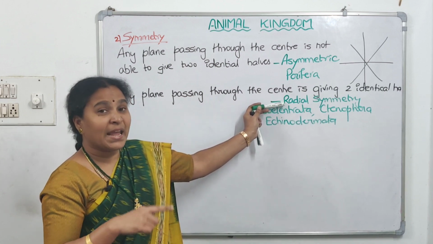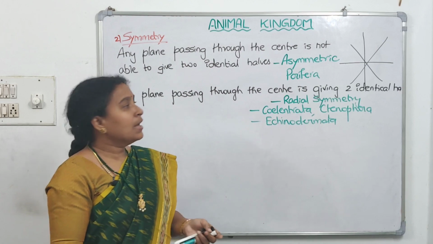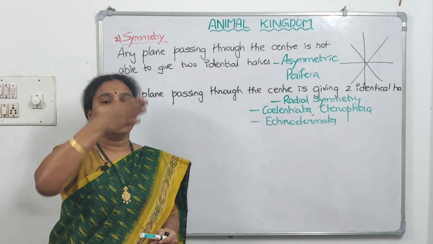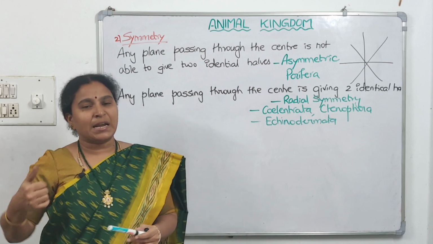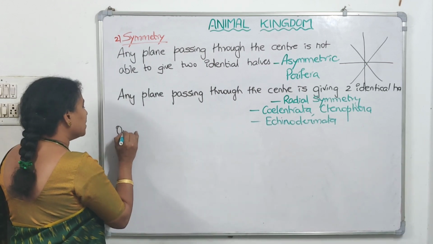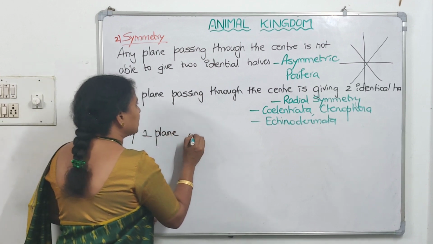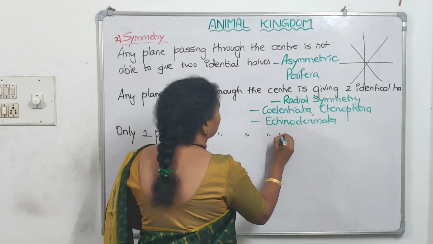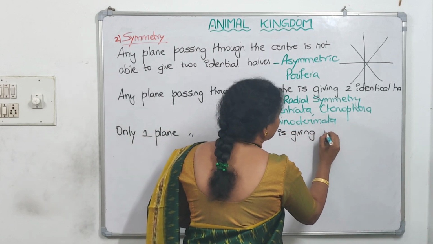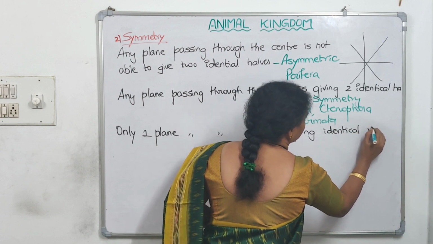What is radial symmetry? Any plane, it can be any plane passing through the center, gives two identical halves. Whereas coming to the third type of symmetry, only one plane. If it is dividing the body into right half and left half, then that's called bilateral symmetry.